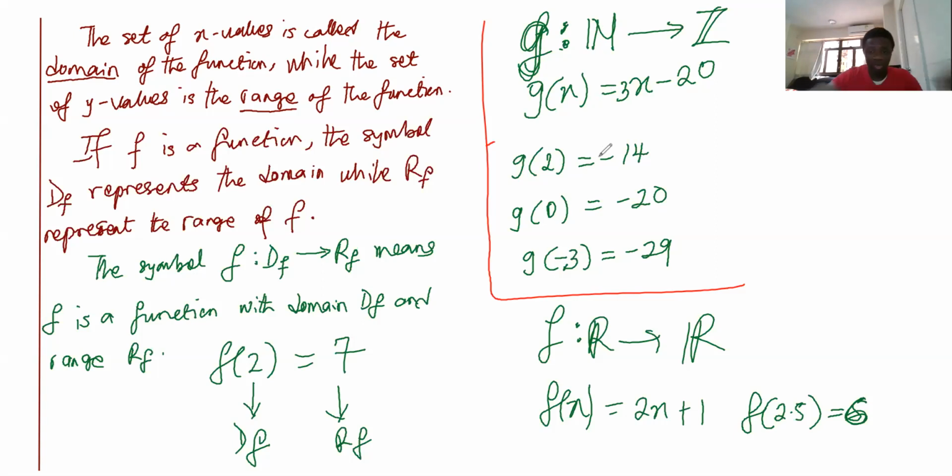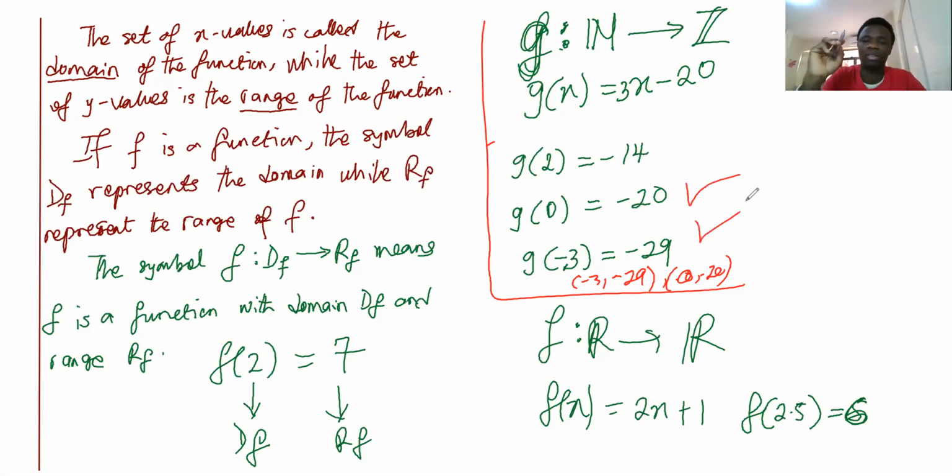Okay, so even though -3, -29, and 0, -20 belong to the relation, yet G is not your G. Your G is a function, but these cannot be considered as valid for the function, okay? It cannot be considered.